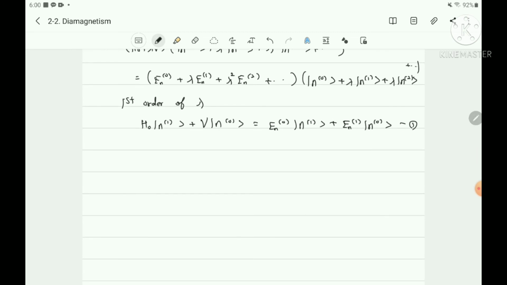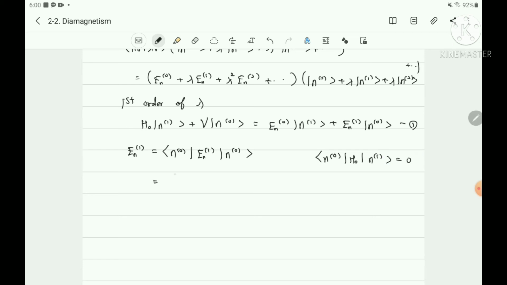Then E1 state can be represented by N0 En1 and N0, because for the eigenstate N0 of H0 and N1, the off-diagonal matrix element is equal to 0. Therefore, only the diagonal term can be expected.